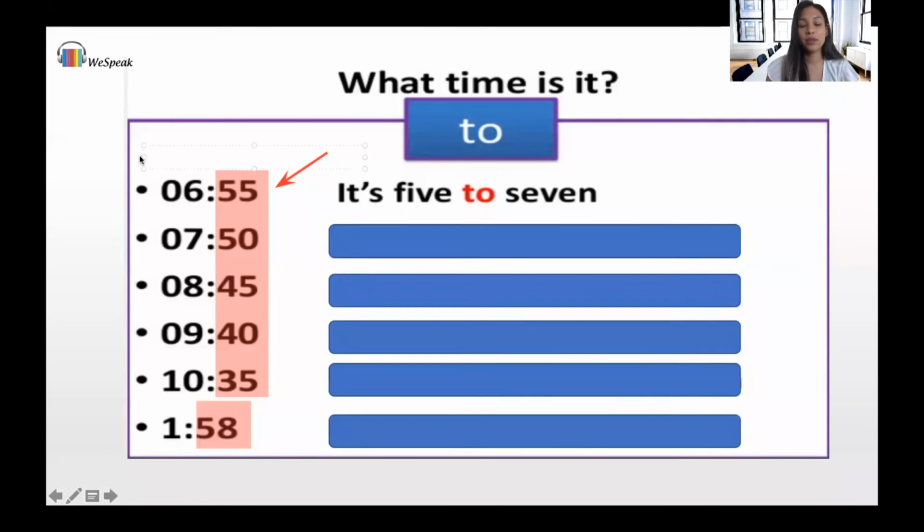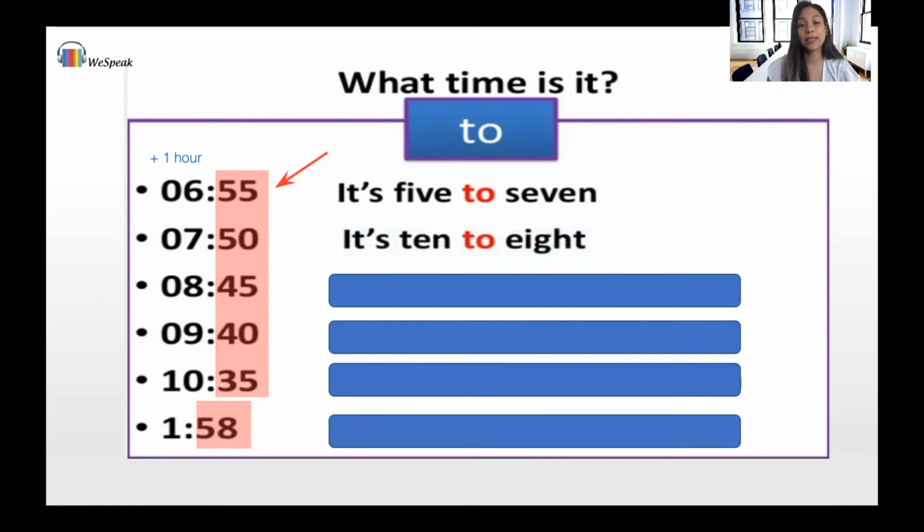So here we are going to add plus 1 hour. It's 10 to 8.